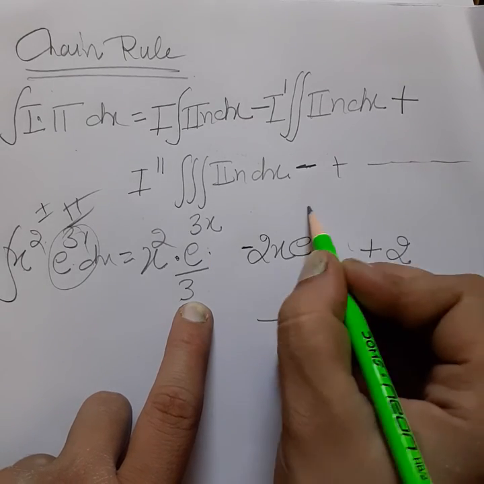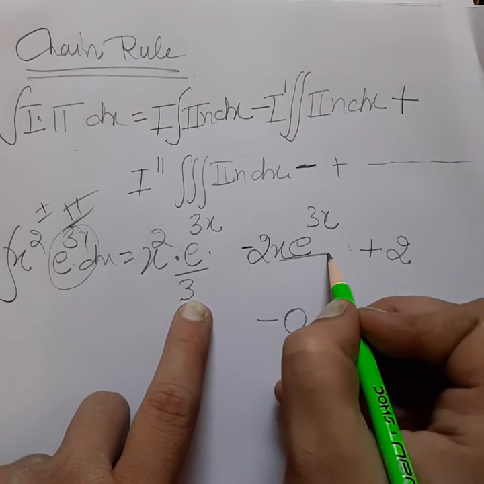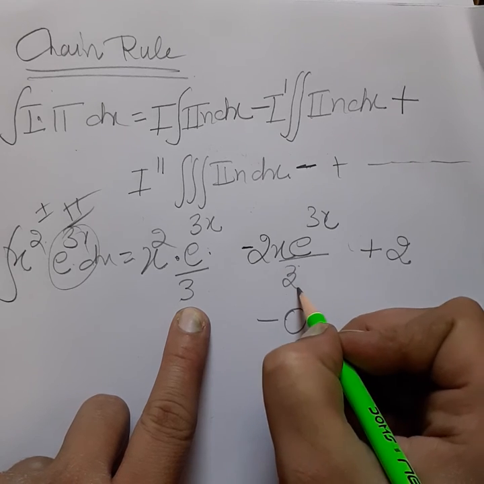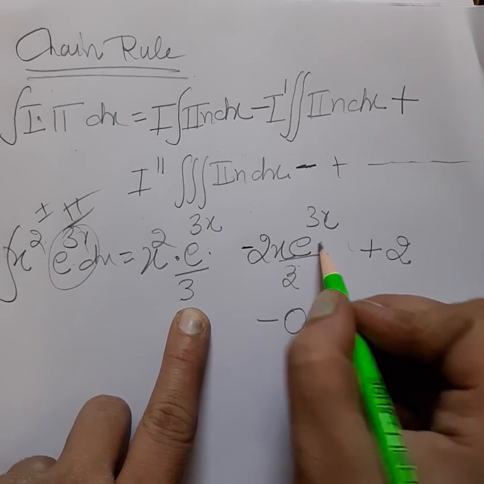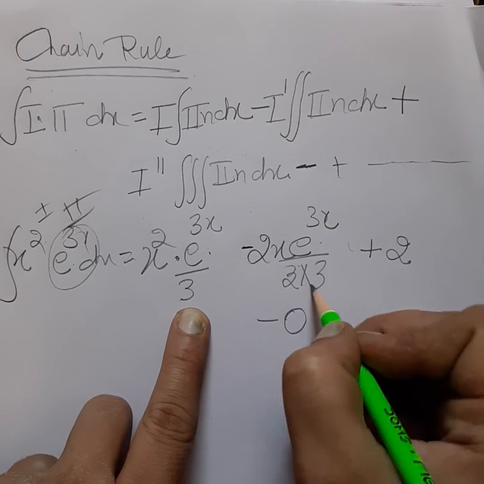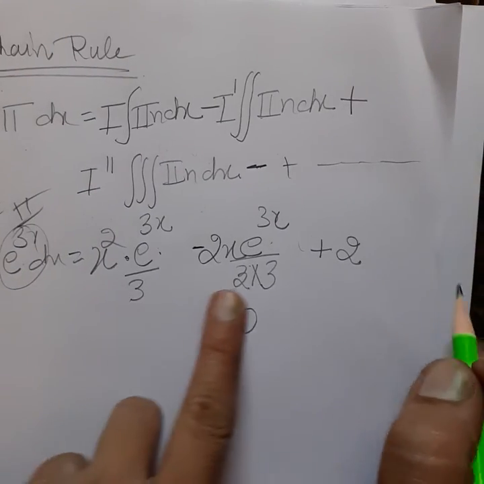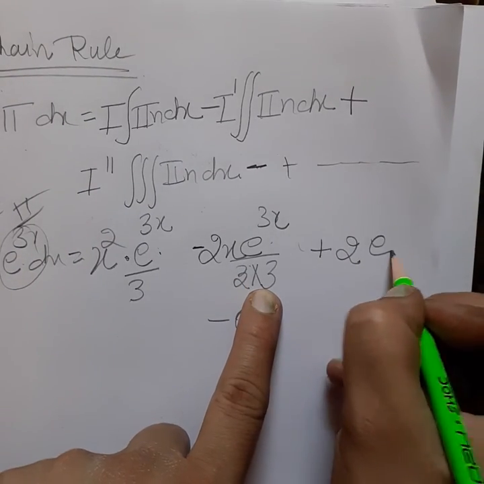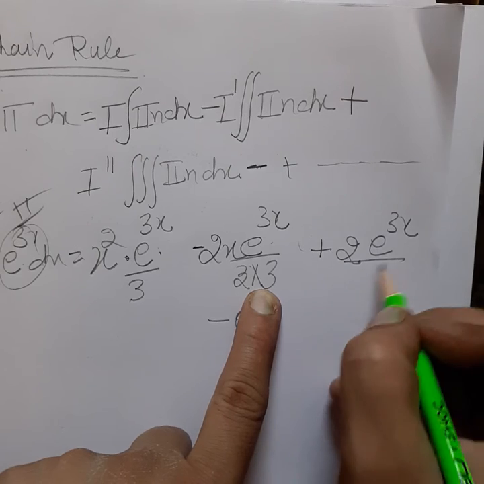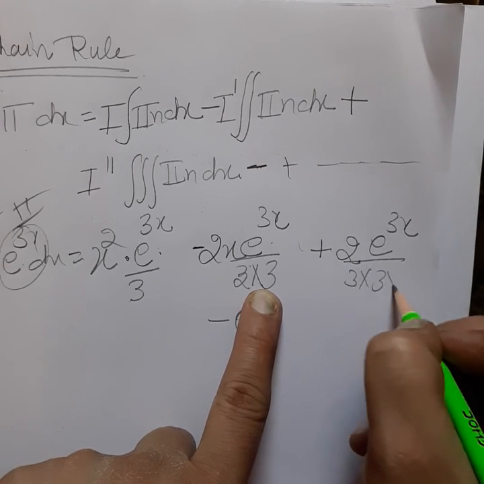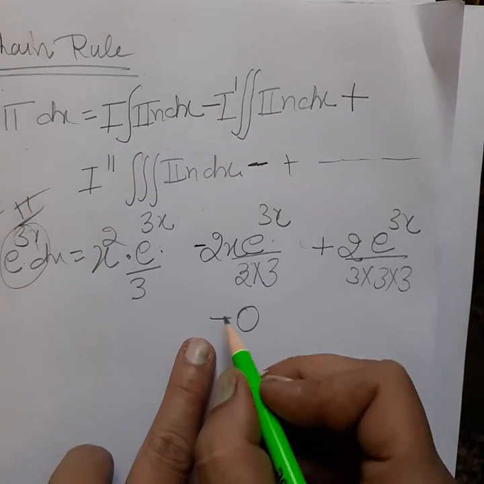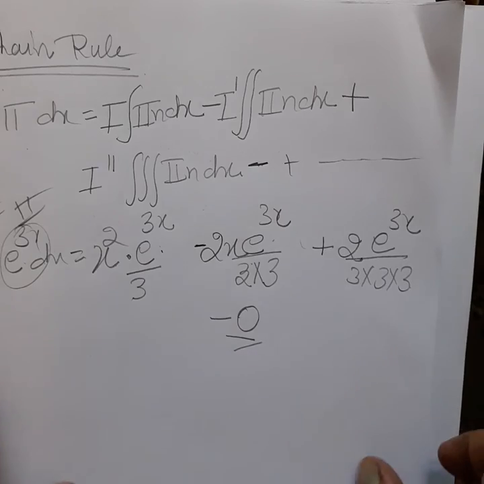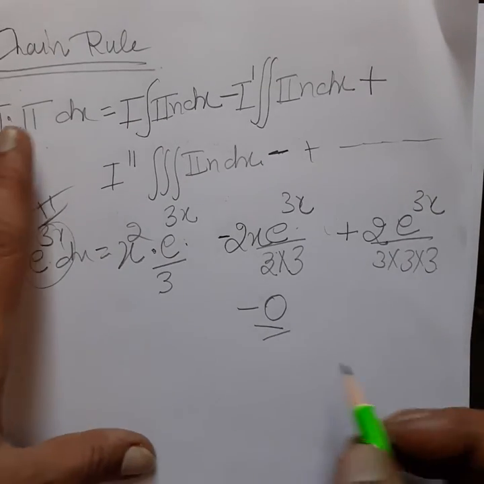Then you take e to the power 3x, because already you have 3, and in the second integration again you write 3 for the second time. Okay, and if you take the integration the third time, then you write here the 3 a third time, and for the 0 you need not write anything here.